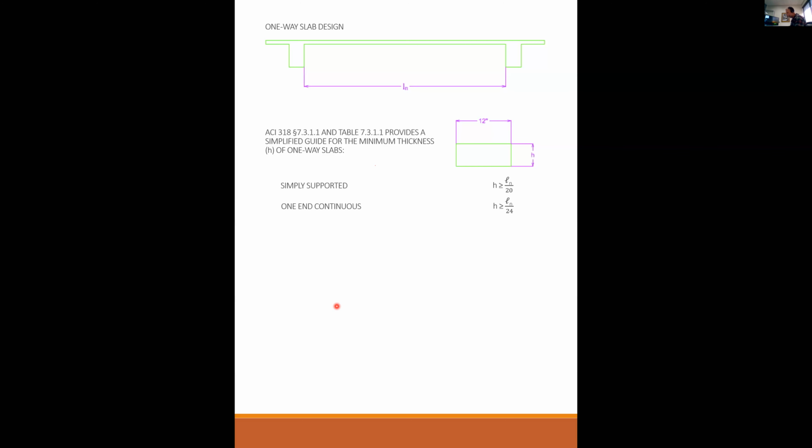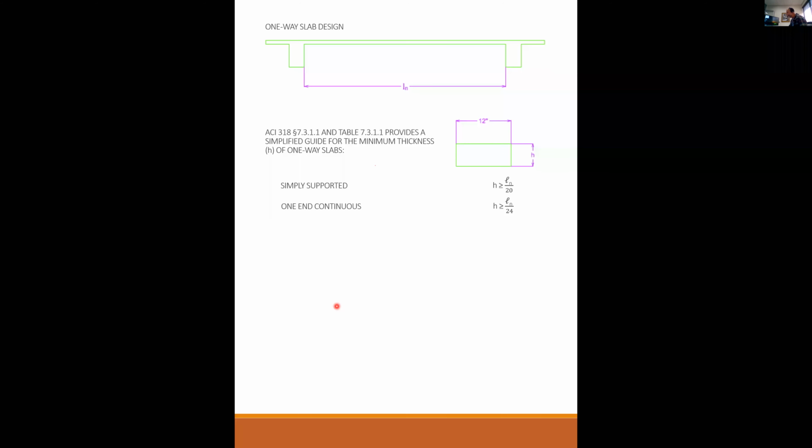Okay, here's a mystery. Can anybody find table 4.1? One-way slabs, figure 4.7. Did they forget the table?